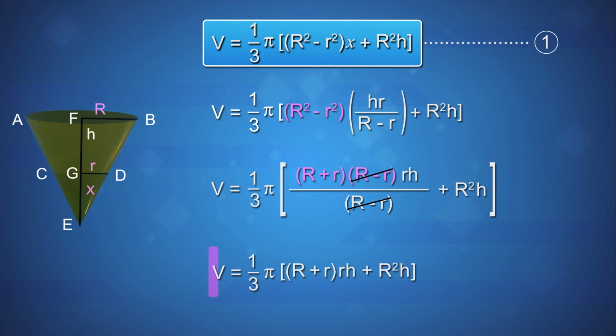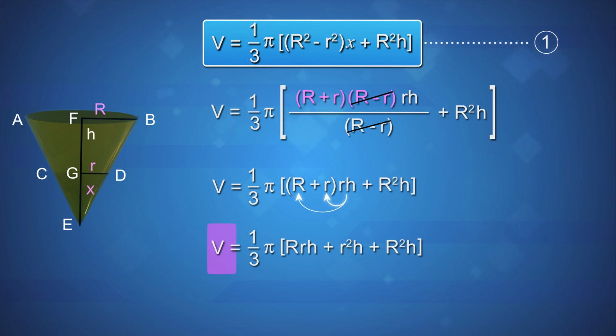Therefore, V is equal to 1 by 3 pi into capital R plus small r into H plus capital R square H. Now multiply small r into H with capital R plus small r. So V is equal to 1 by 3 pi into capital R into small r into H plus small r square H plus capital R square H. Here H is common for all three terms.